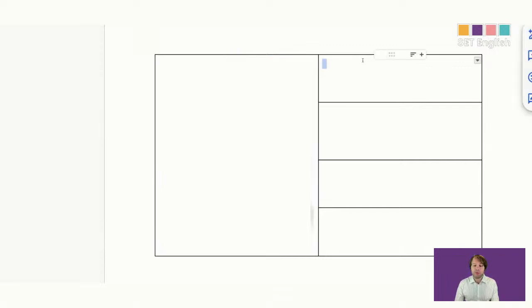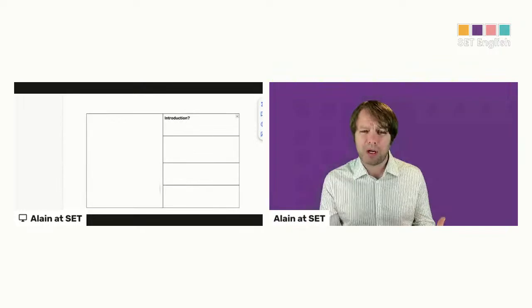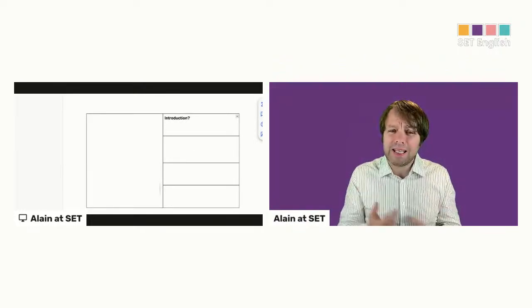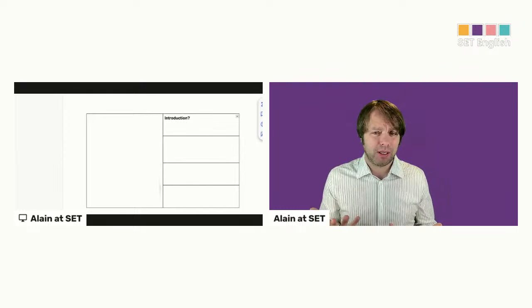Okay, so when you're organizing your letter, everyone, do I need an introduction paragraph? What do you all think? Can you imagine a situation where you don't need an introduction? Is it possible?